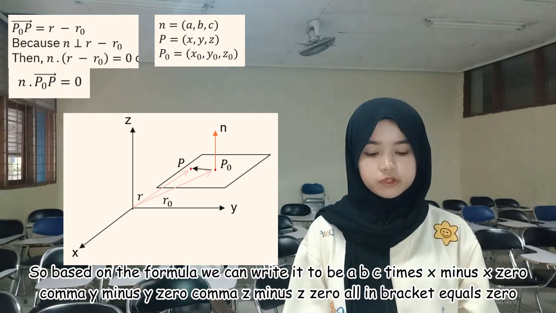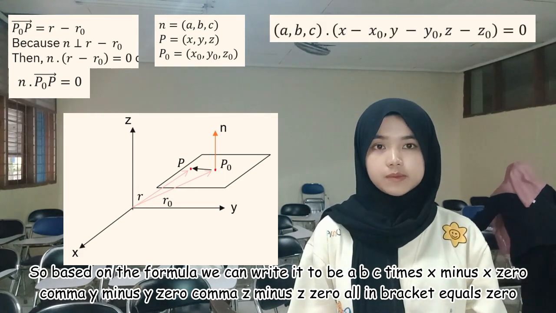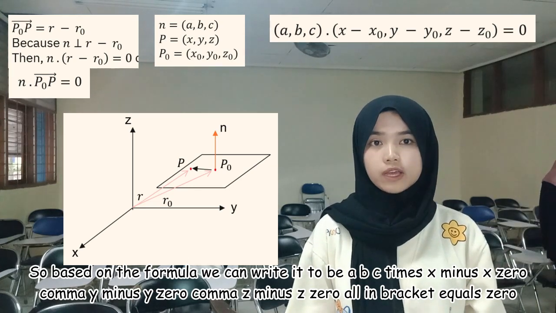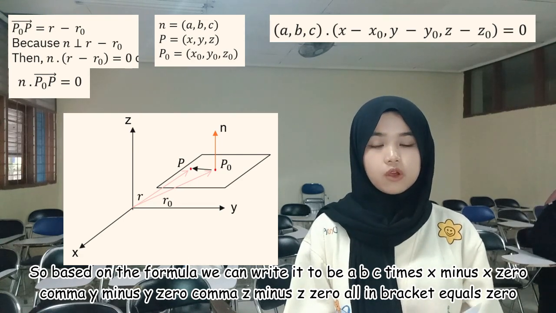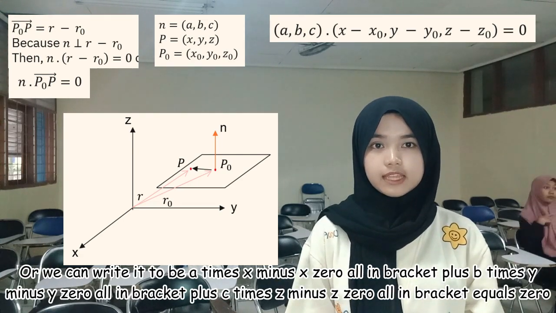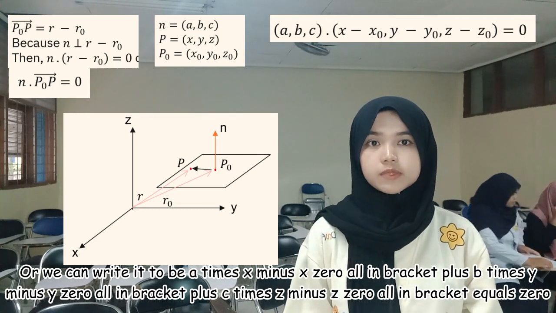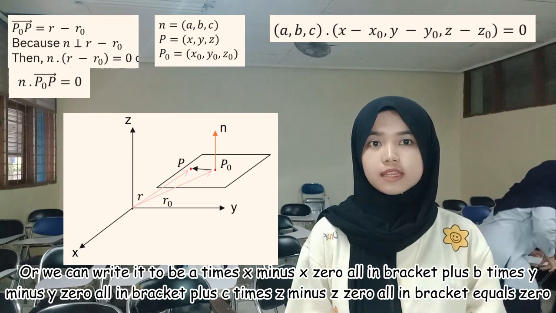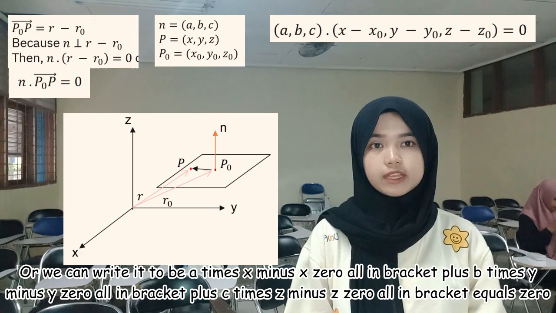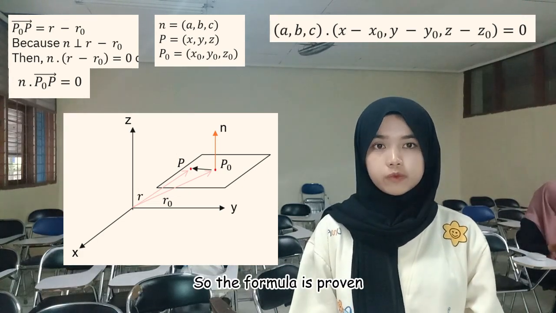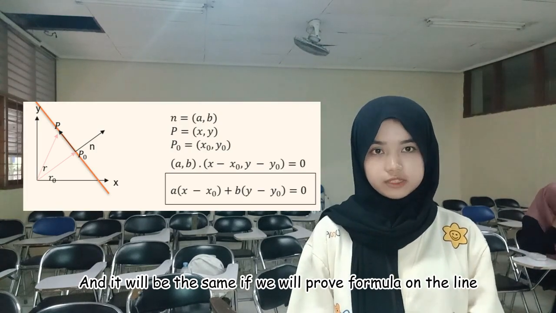So based on the formula, we can write (a, b, c) dot (x minus x0, y minus y0, z minus z0) equals 0. Or we can write it as a times (x minus x0) plus b times (y minus y0) plus c times (z minus z0) equals 0. So the formula is proven, and it will be the same if we prove the formula for the line.